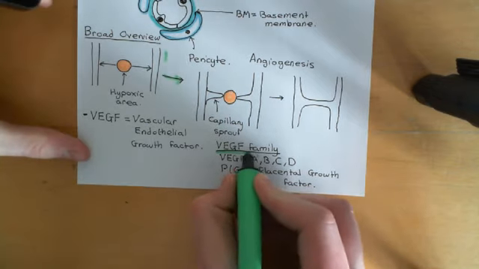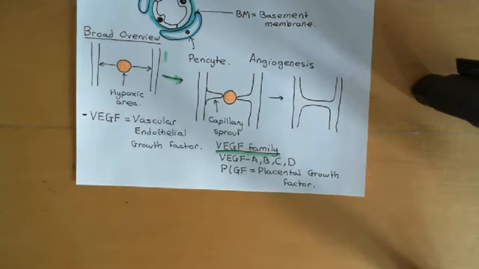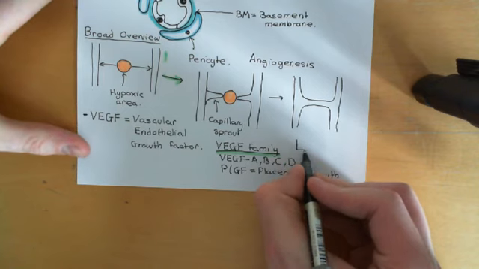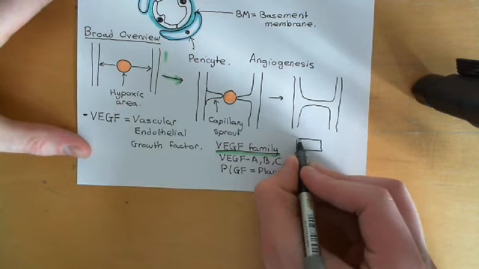Right, so what do all of these proteins share in common? Well, basically, they all act on their receptors as dimers. So all 5 of these proteins form homodimers, like so.